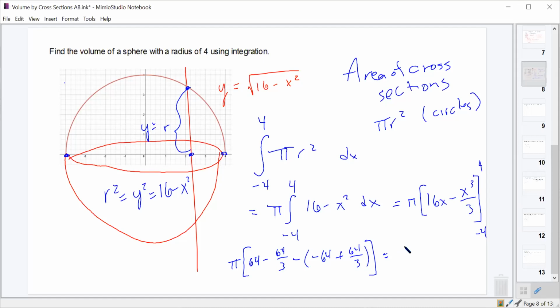I don't think it's 28, is it? No, 64 plus 64 is already 128. All right, 128 minus 128 thirds should be 256 thirds, I think. And if I multiply that by my pi, I should get 256 pi over 3. Good or no?